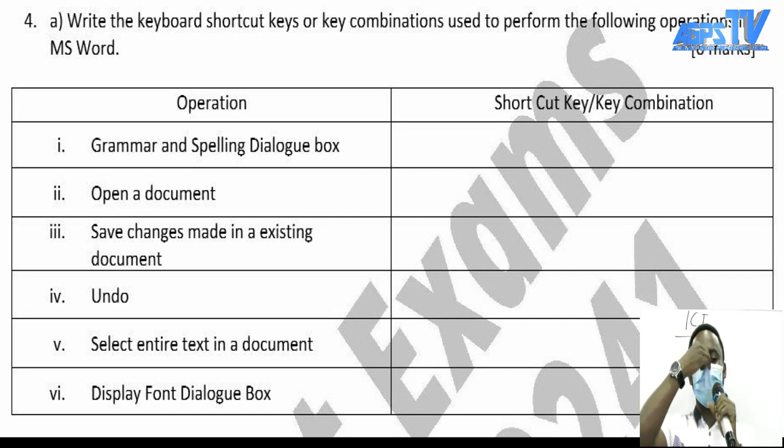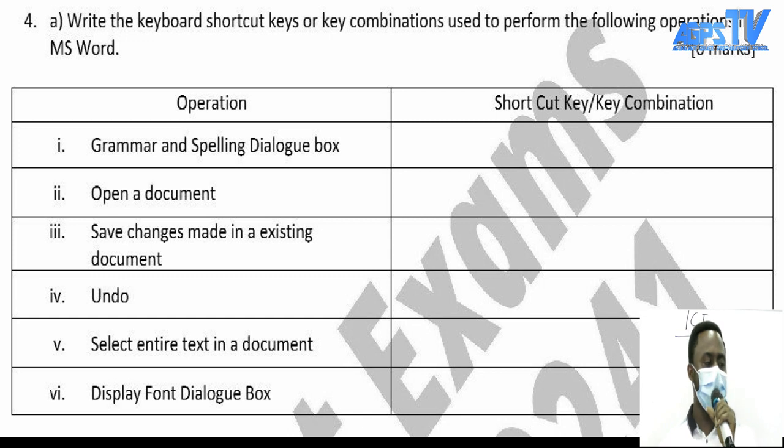Then we have I. The I is grammar and spelling dialog box. Then we have open a document. We have save changes made in an existing document.